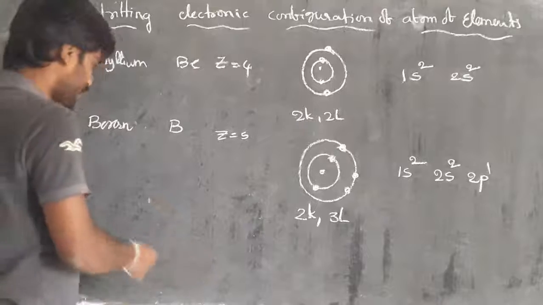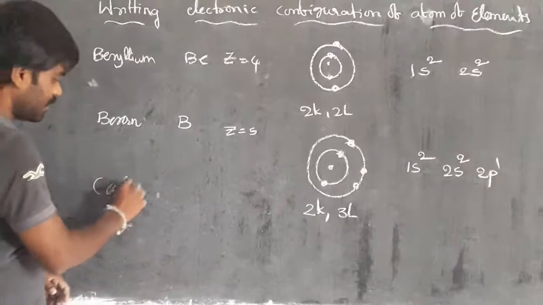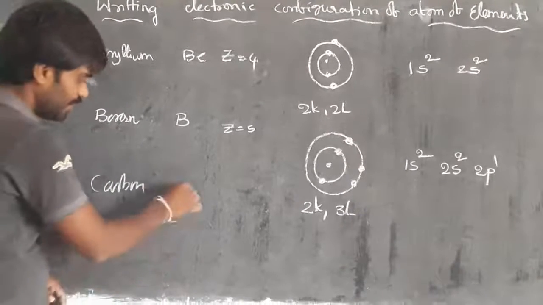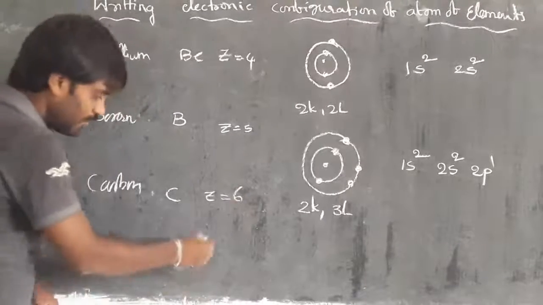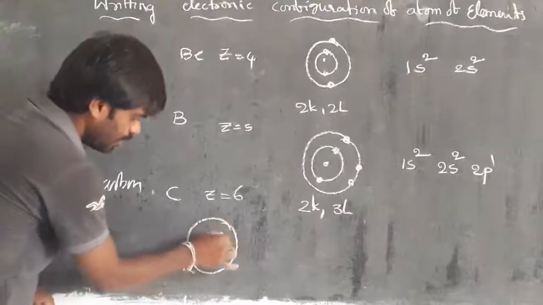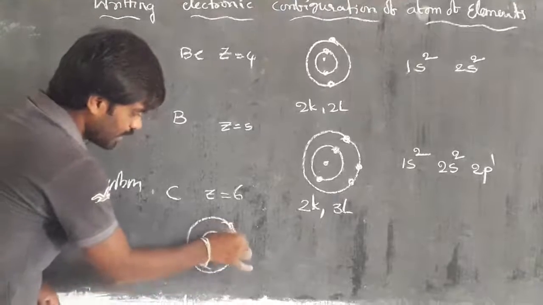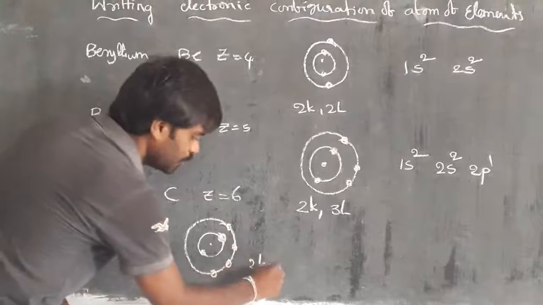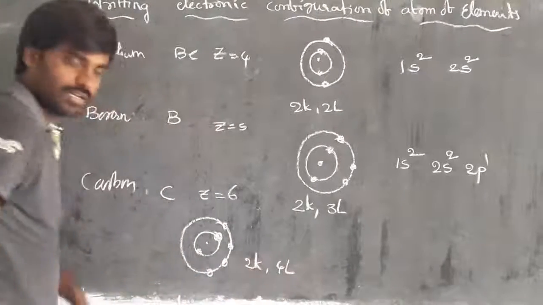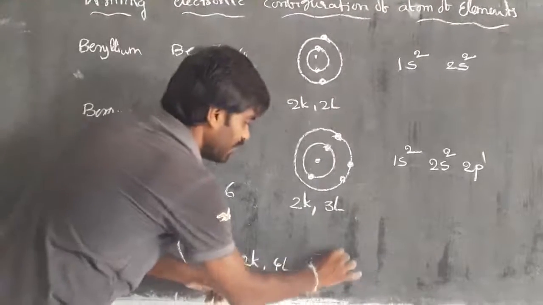Next is the carbon atom, symbol C, atomic number 6. We wrote it like this: first shell with 2 electrons and second shell with 4 electrons, that is 2K and 4L. 2K means directly 1s2.